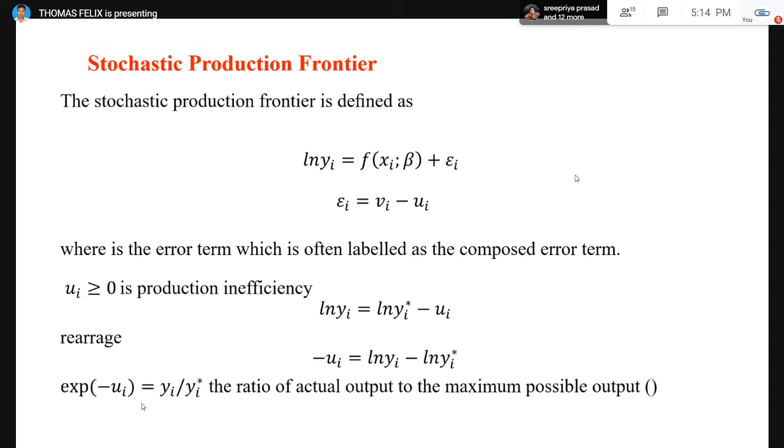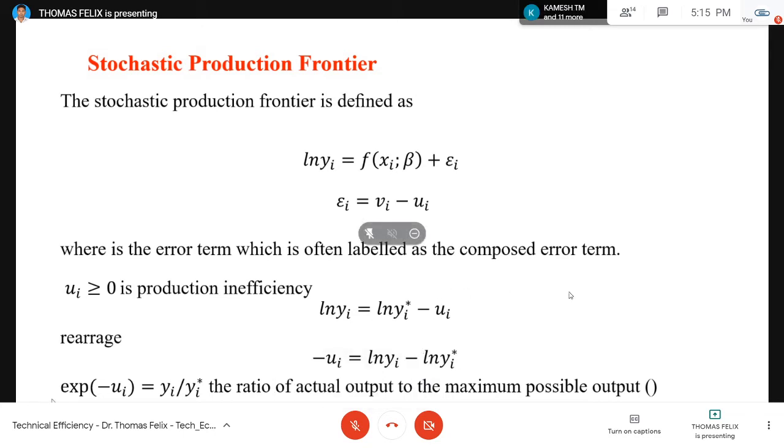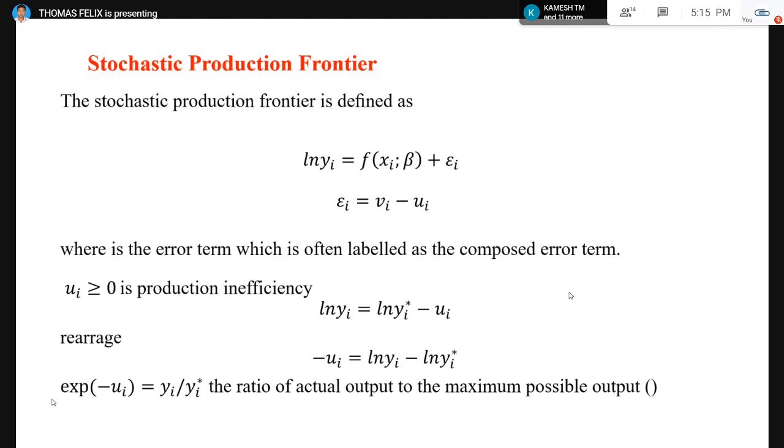What I am deriving now is the production frontier. There is another case, the cost frontier. For the cost frontier, we cannot use the exponential of minus ui formula; it won't be applicable. For that we use the exponential of ui. As I said, in the case of production function, we use yield as the dependent variable, but in the cost frontier, we use the total cost.